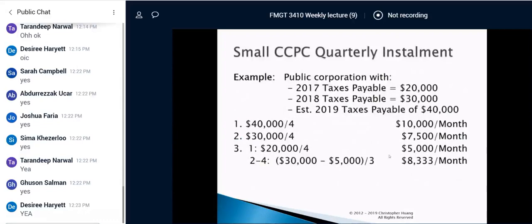It's 10,000 per payment. 7,500 per payment for the second, and then for the third, 5,000 for the first payment, then 8,333 for payments 2, 3, and 4. Maybe I shouldn't use the word month, that might be misleading. It's really meant payment for that month.